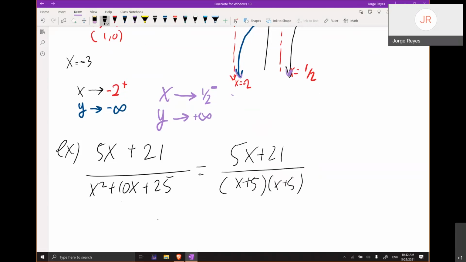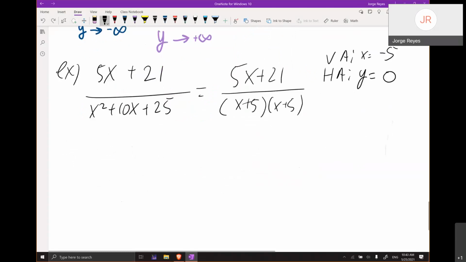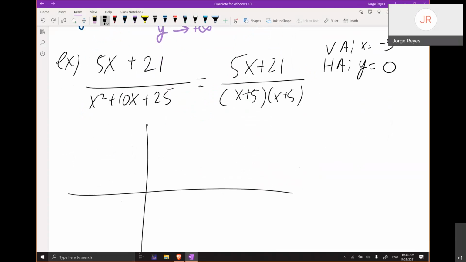It's a formula, the square of the binomial. So this means we have vertical asymptote x equals -5, like twice, sort of, right? The horizontal asymptote is y equals 0 because the denominator has a bigger degree, right? So we actually don't have a lot of info, right?